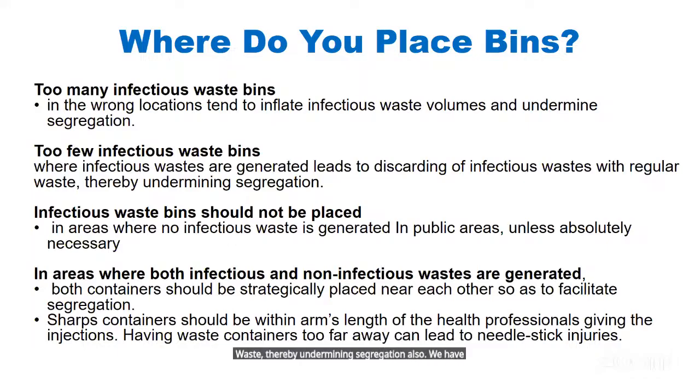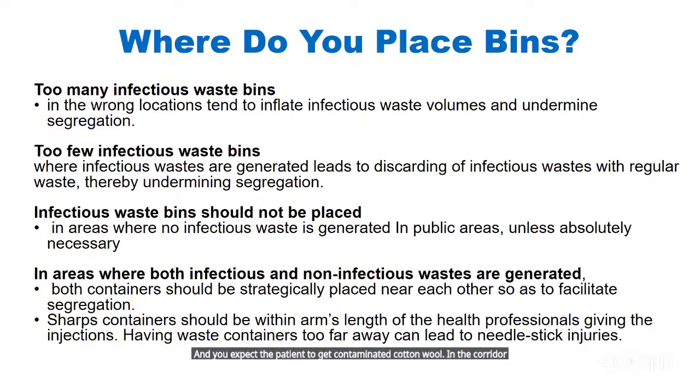We have infectious waste bins being placed in areas where no infectious waste is generated, in public areas, unless absolutely necessary. For example, you meet a yellow bin or a red bin on a hospital corridor. That bin has been misplaced, because you don't expect the patient to carry contaminated cotton wool in the corridor.